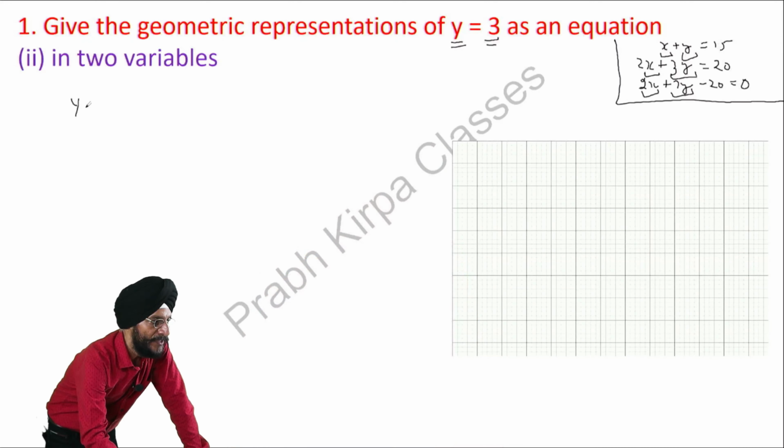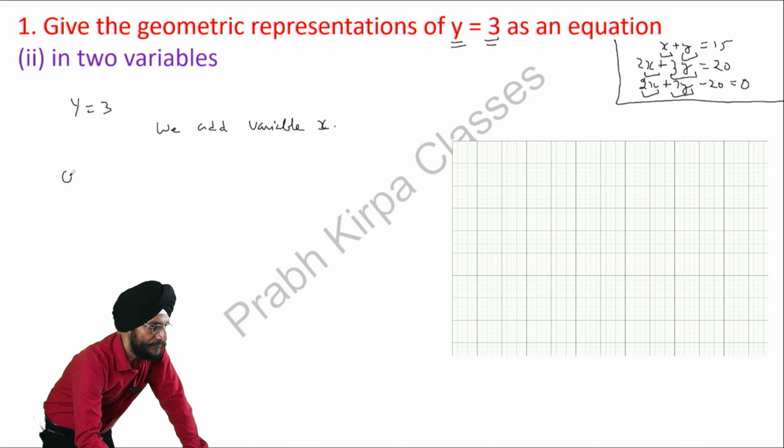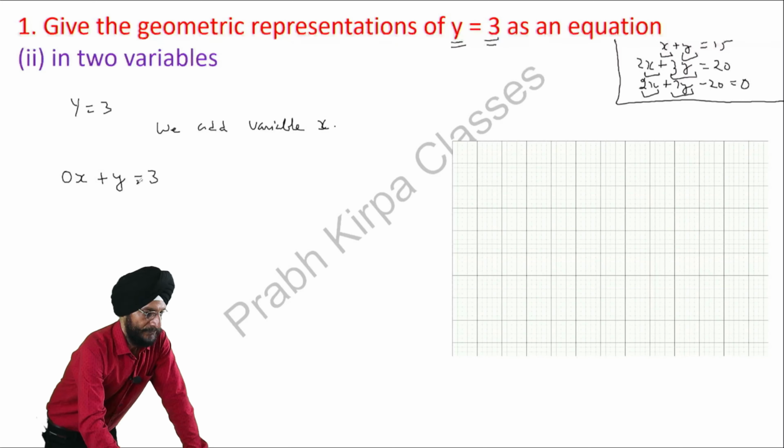What is given? y = 3. So we add the variable x. How will we add it? We will write 0x + y = 3.